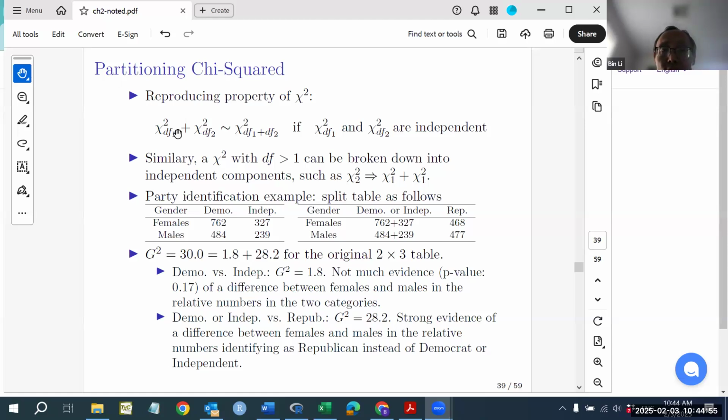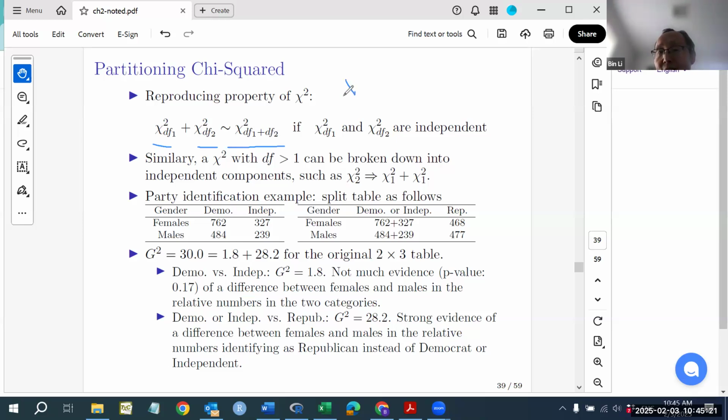So for the chi-square distribution, if these two are independent, then the sum of these two follows a chi-square with degrees of freedom df1 plus df2. So we can add these two.